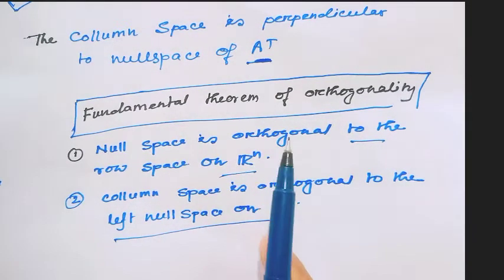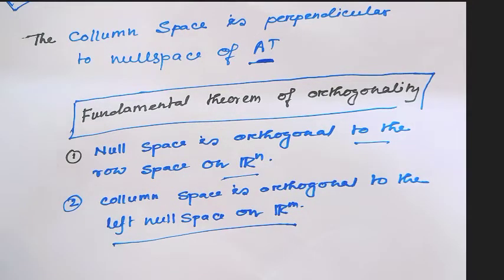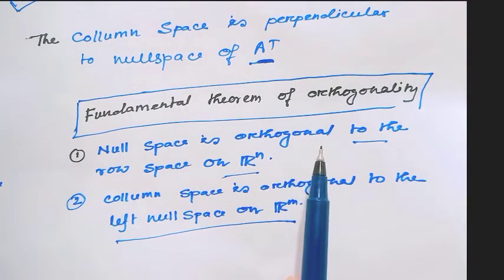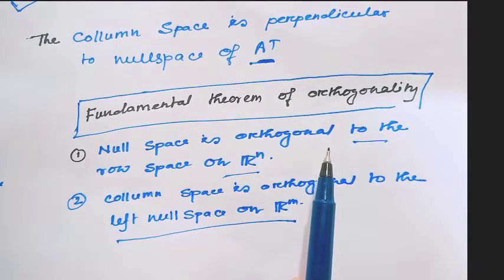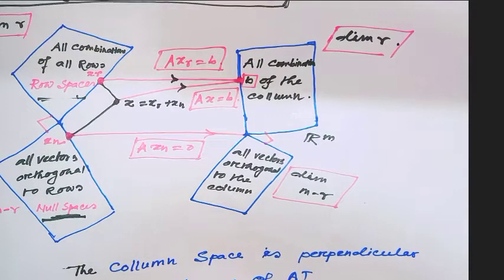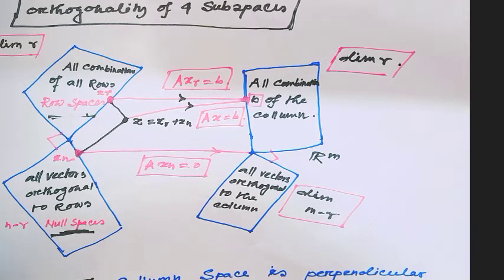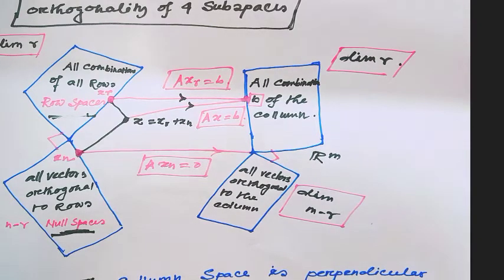This theorem is the fundamental theorem of orthogonality, and it is fundamental because all orthogonality depends on it. Actually, all of linear algebra depends on this picture, these four subspaces. So this is very important.